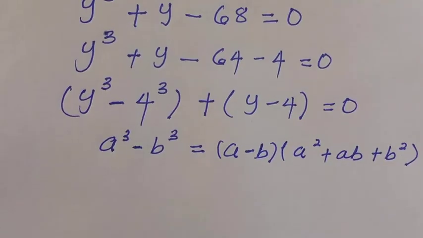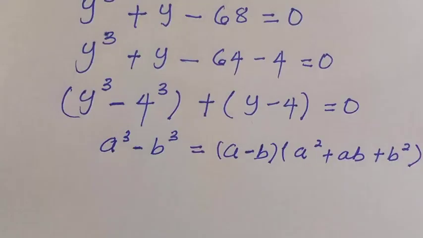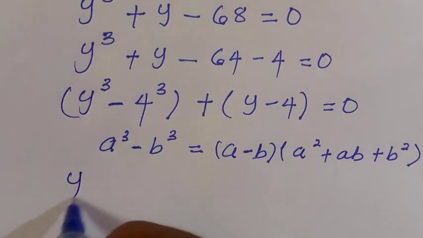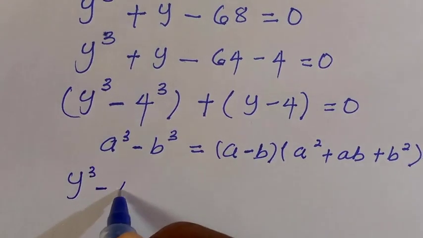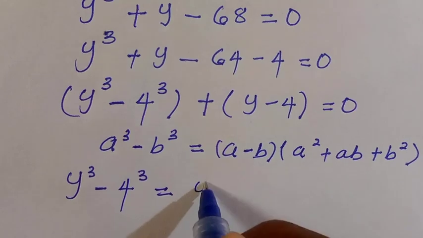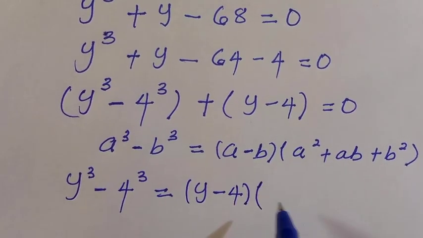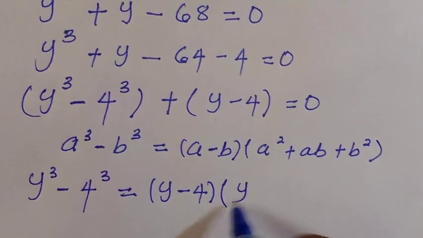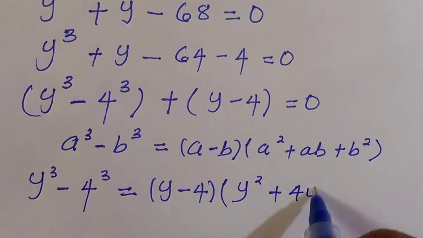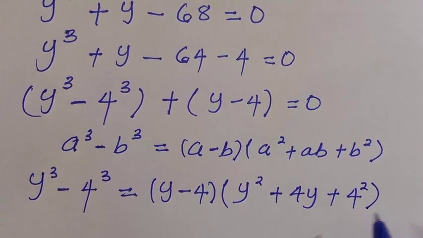So here is the identity we are going to apply for this. If a is y and b is 4, we have y to the power of 3 minus 4 to the power of 3 equals y minus 4, open bracket, y squared plus 4y plus 4 to the power of 2.